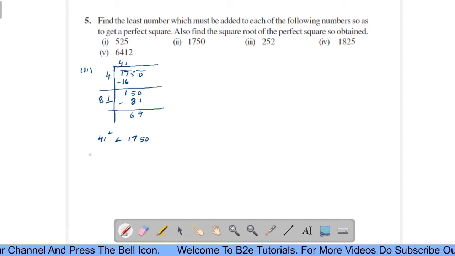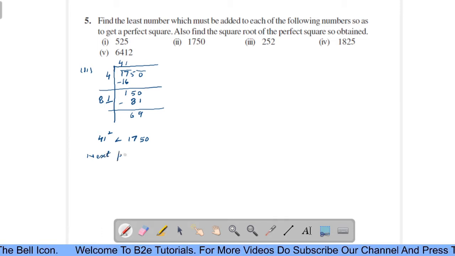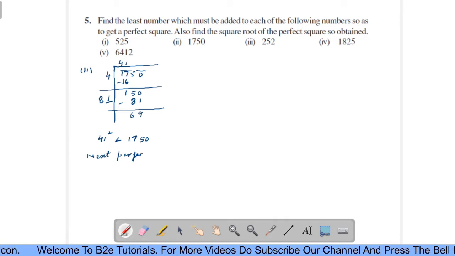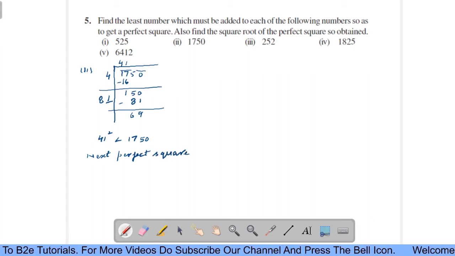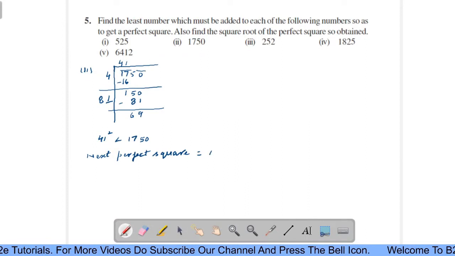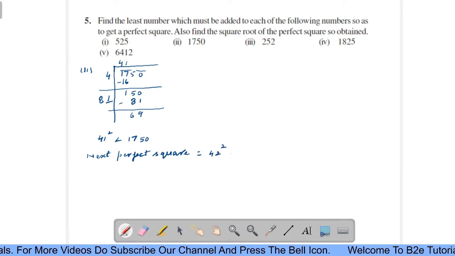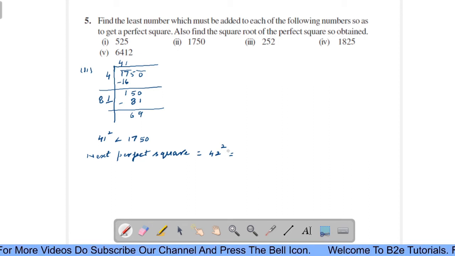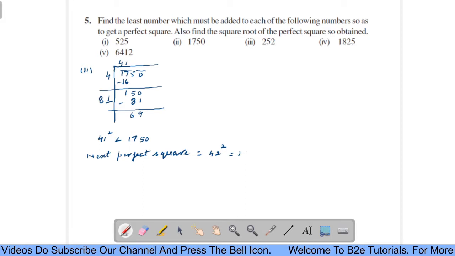So the next perfect square is 42 square, and 42 square is 1764.